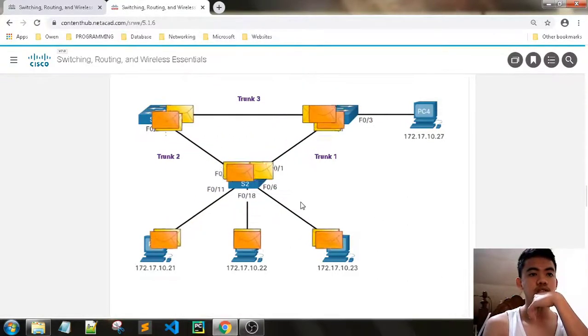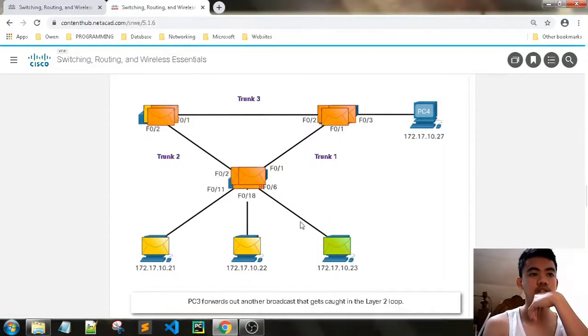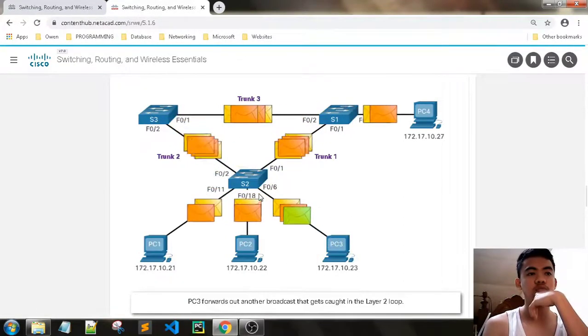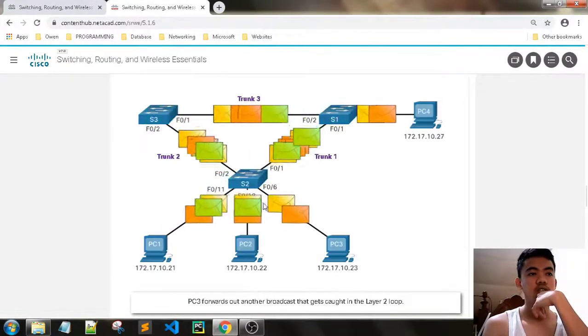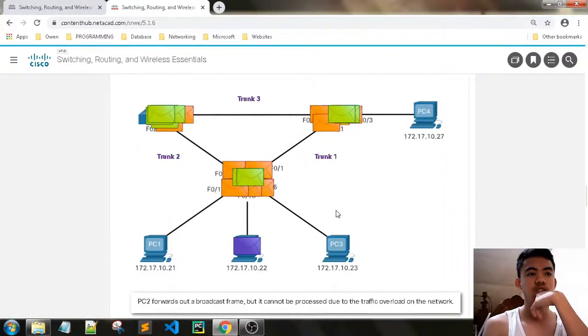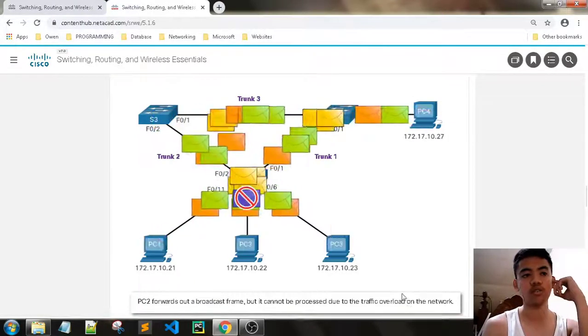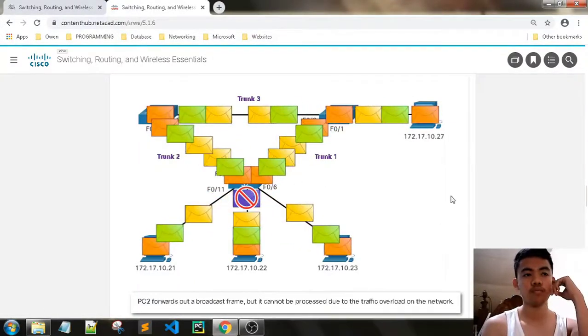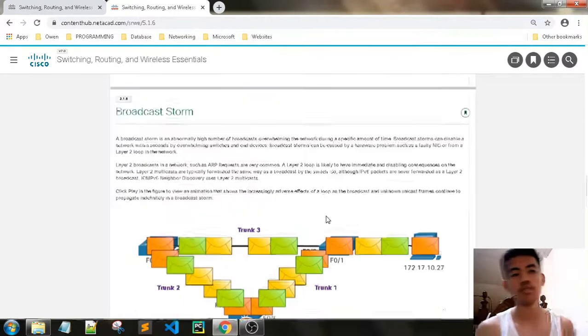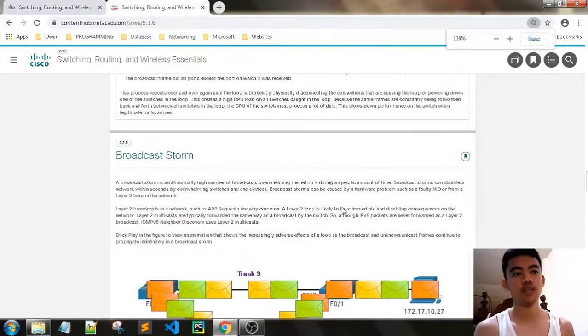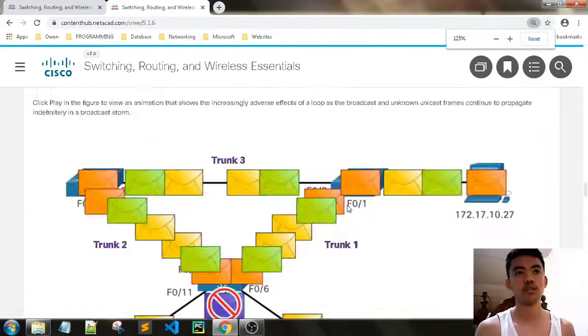It also gets caught in the layer 2 loop. Then PC3 also sends a broadcast, so it forms a broadcast storm. PC2 forwards out a broadcast frame but it cannot be processed due to high traffic overload on the network. So this is the broadcast storm, an abnormally high number of broadcasts.